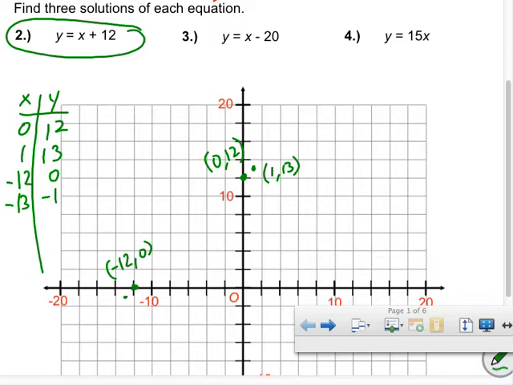If I were to connect these, I'm going to do one more just to fill in another spot. I'm going to do negative 6. What would negative 6 give me back? Positive 6, right? So at negative 6, I'm at positive 6. Okay, I'm going to draw a line through these points, and look at what I end up with.